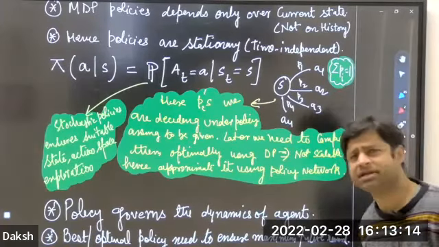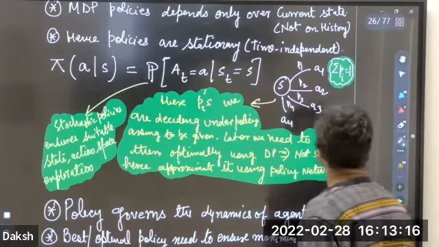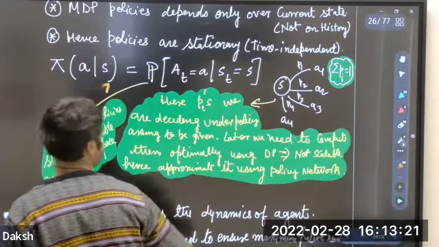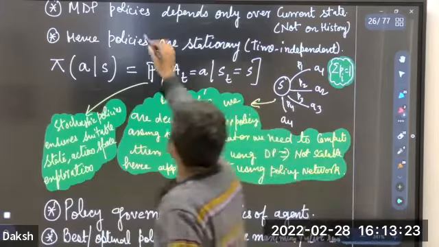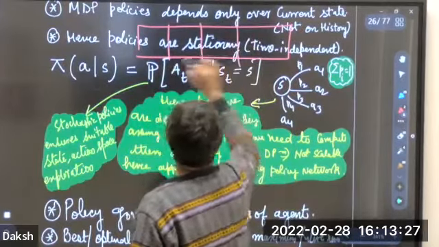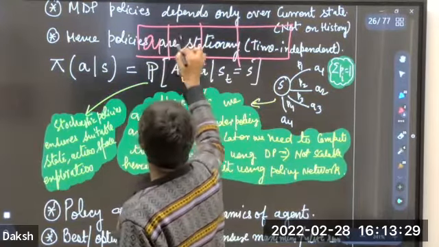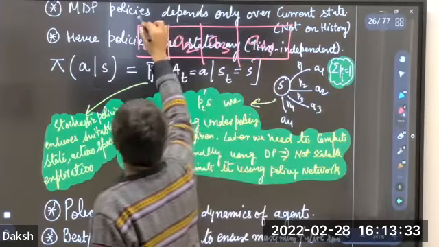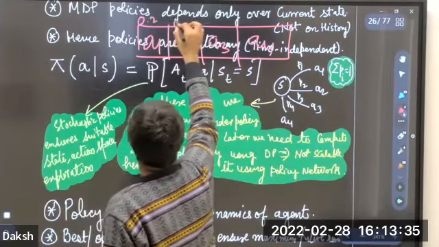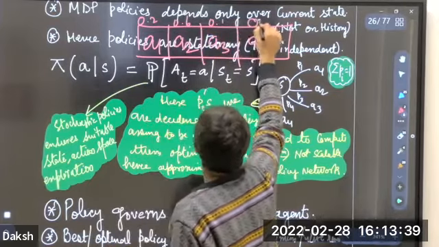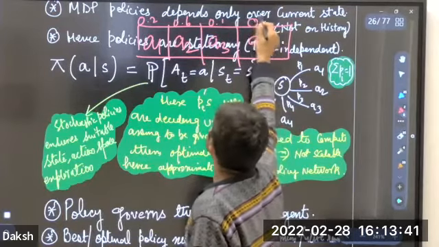Stochastic policy समझते हैं ना. मैं एक बात आपको बताना भूल गया, let me draw. मैंने आपको पॉलिसी दी. पॉलिसी ने बोला A1, A2, A3, A4. A1 लोगे 0.2 प्रोबेबिलिटी से, 0.6 प्रोबेबिलिटी से, 0.1 प्रोबेबिलिटी से और 0.1 प्रोबेबिलिटी से.